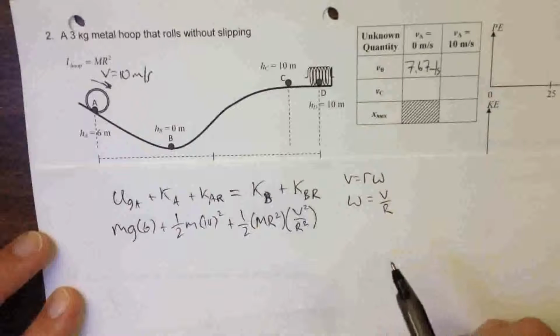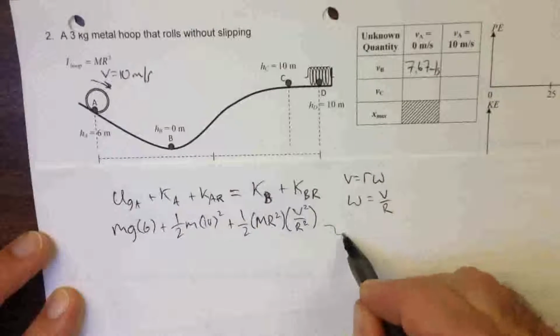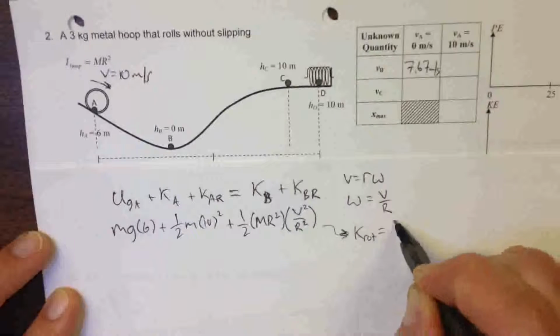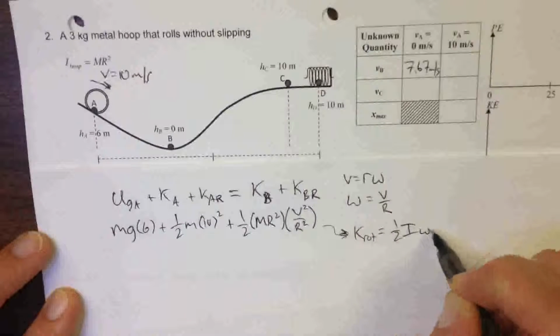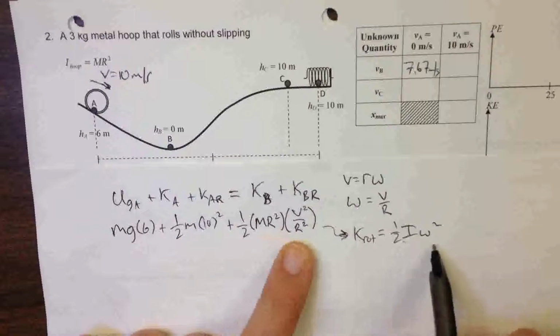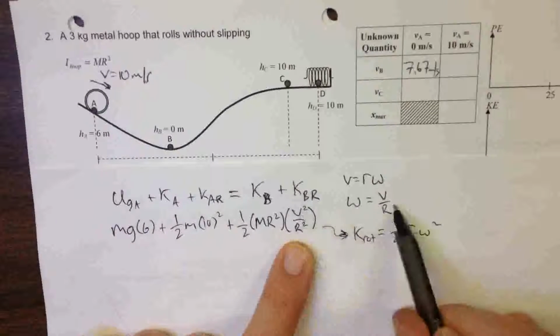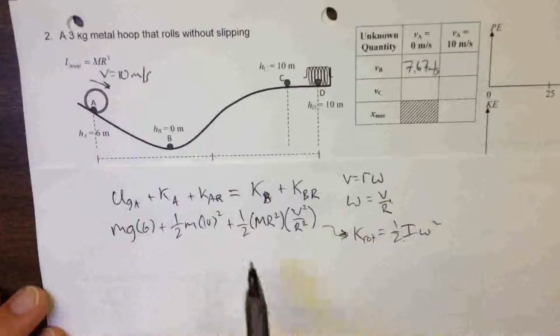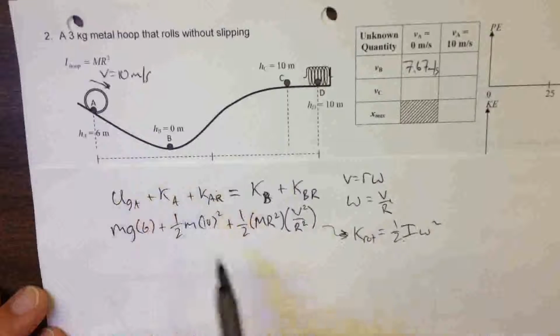I'm going to go ahead and square those two. Just a little side note, this is coming from rotational kinetic energy equals 1/2 I omega squared. So I substituted the I, I substituted the omega squared, being V squared over R squared. So there they are, and that's the beginning of the equality.